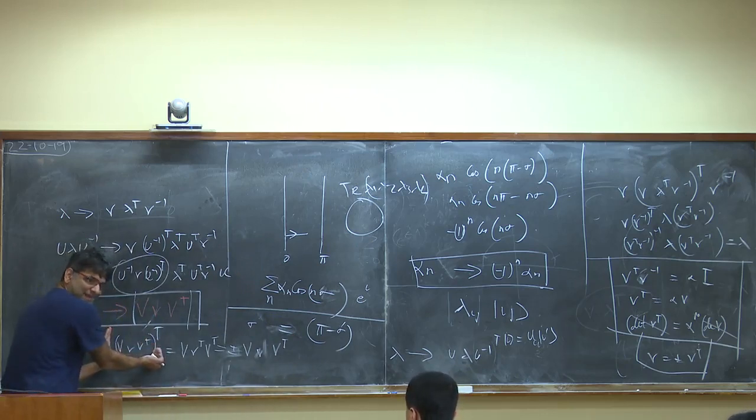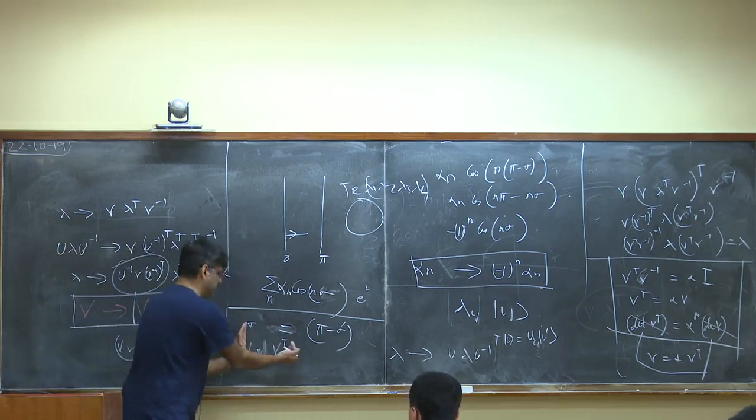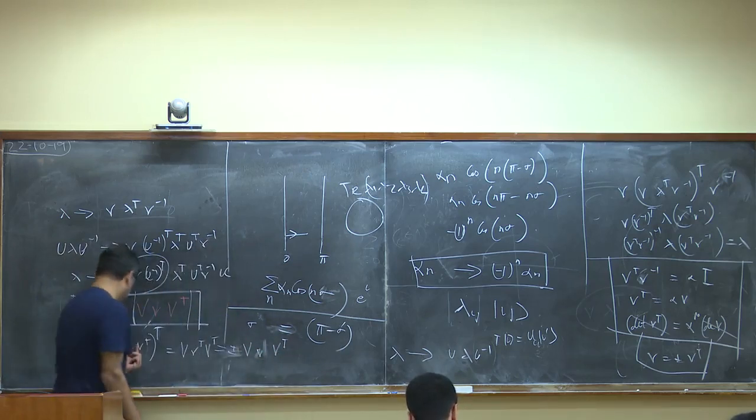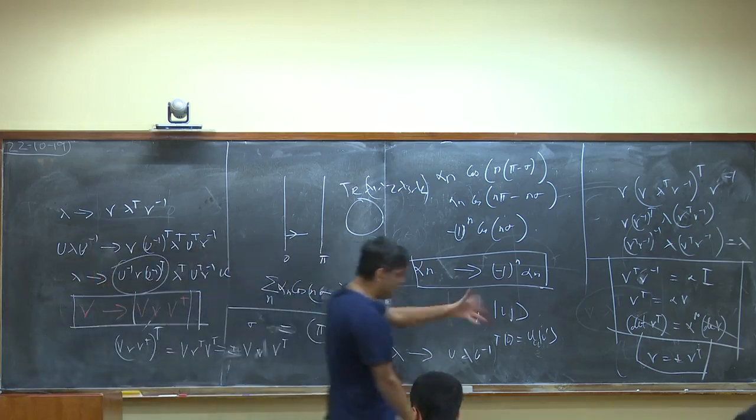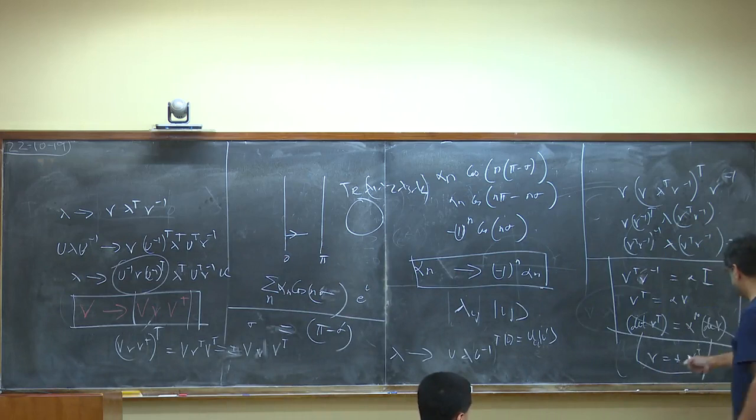So this quantity transposed is plus minus itself if gamma transpose was plus minus itself. Okay, so this change of basis preserves this property.